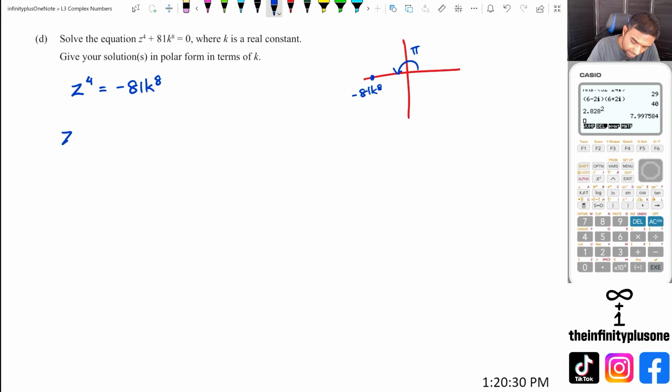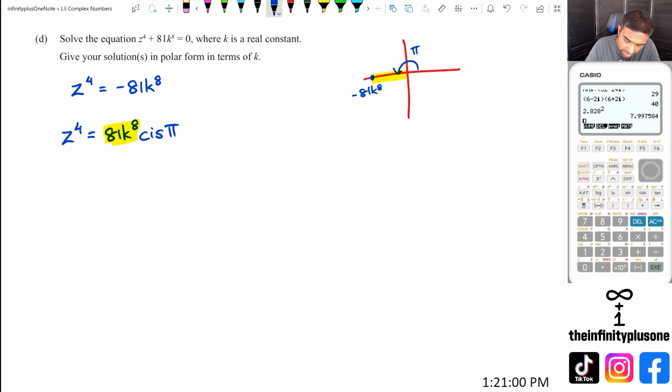So then z4 is equal to 81k8 cis pi. Now remember that the modulus will be a positive value because it's the length, so that's 81k8, and then the pi is because it's going 180 degrees from the original spot. With this in mind, I know there are 4 roots, which means I need to add 90 degrees to each one of these answers.